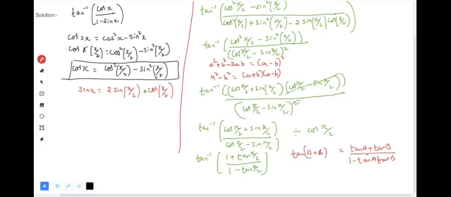Tan a plus b can be written as tan a plus tan b divided by 1 minus tan a tan b. So it is in that form.